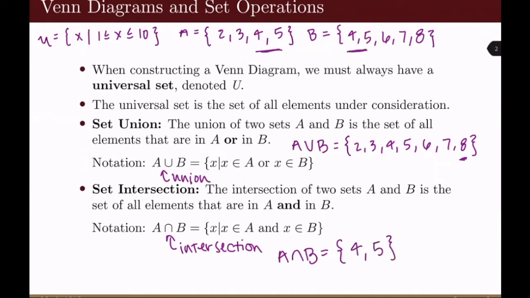So union is anything in either of the sets. Intersection is only what they have in common. And remember, if they have no elements in common, if they are disjoint sets, their intersection is empty, which we learned in the last lecture.